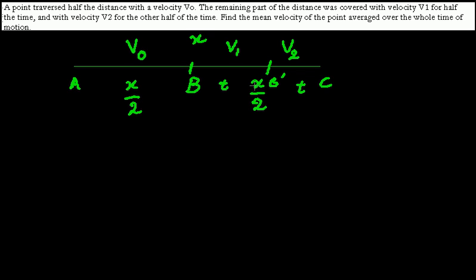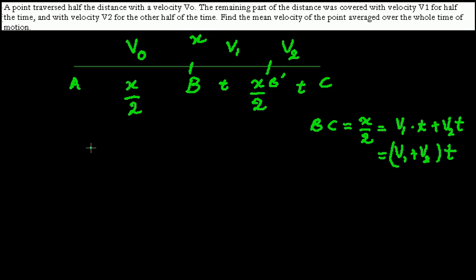So let's calculate x by 2 in terms of t, v1, v2 for B to C. So the distance B to C is equal to, you will get to know why we are doing this, x by 2 is equal to velocity into time, which would be v1 into t plus v2 into t, which is equal to v1 plus v2 into t.